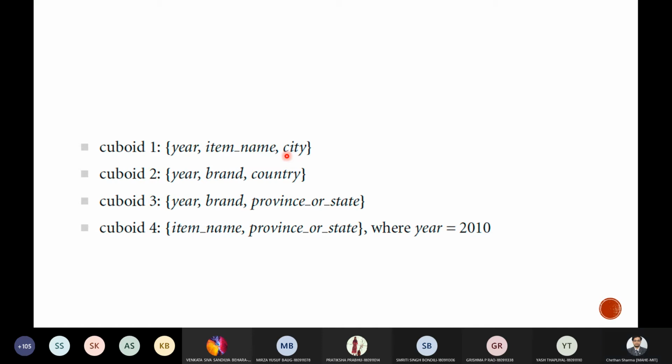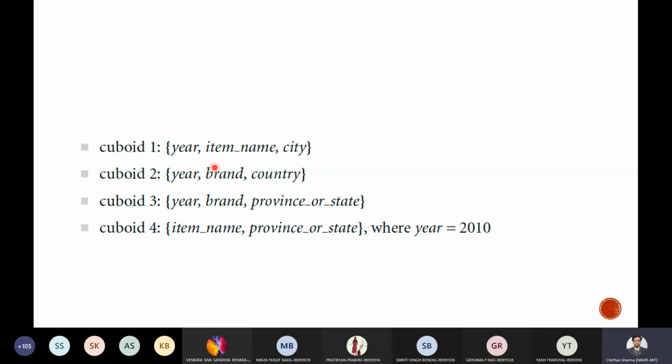Again, I will repeat, the query in hand is with respect to brand and state. So in cuboid 1, both item name and city are at a lower hierarchy level when compared to brand and province, which is specified in the query. So cuboid 1 would cost the most.